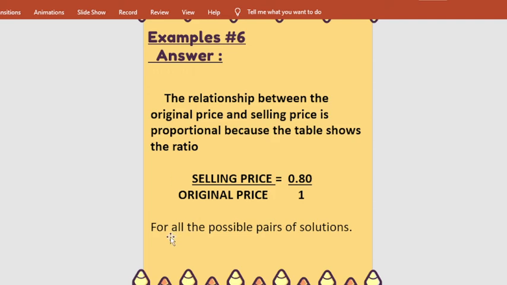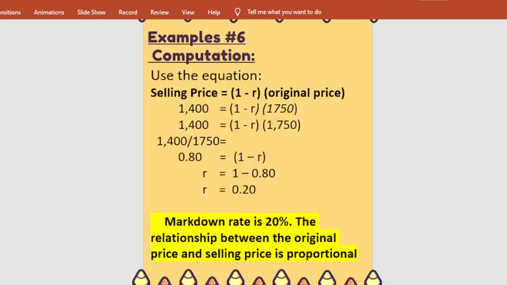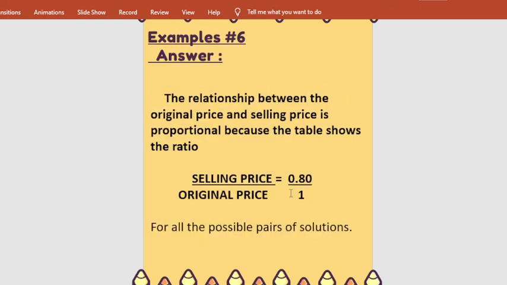The ratio for all the possible pairs of solutions is almost the same. Even for the original of 1,500 and selling price of 1,200, it is also 0.80. I hope you understand. Did you get the same answer?